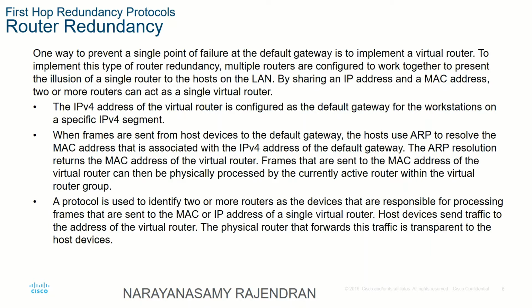To identify which router is currently active or forwarding the frames, we have to use a protocol like FHRP or HSRP. The FHRP or HSRP protocol is used to identify the active physical router which is responsible for forwarding the frames on a virtual router.